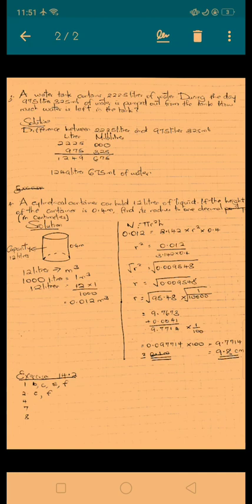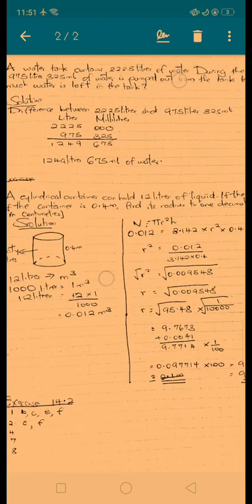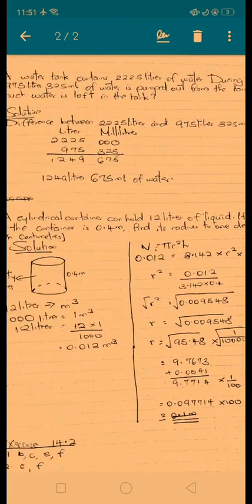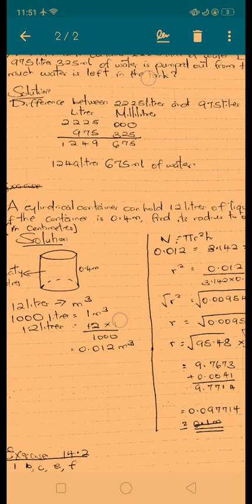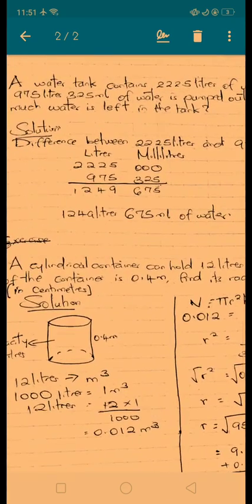During the day, 975 liters, 325 milliliters of water is pumped out from the tank. How much water is left in the tank? Basically this is testing you on the operation of numbers, but now in terms of liters and milliliters, so you need to know what is expected of you.